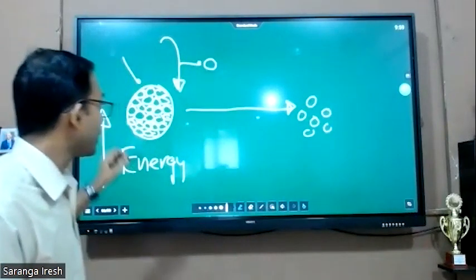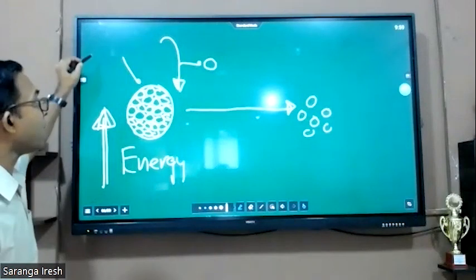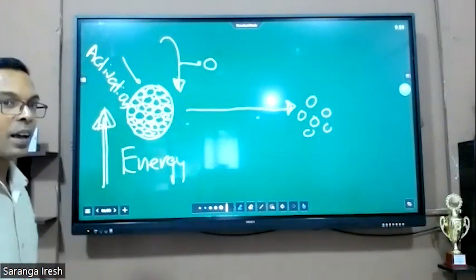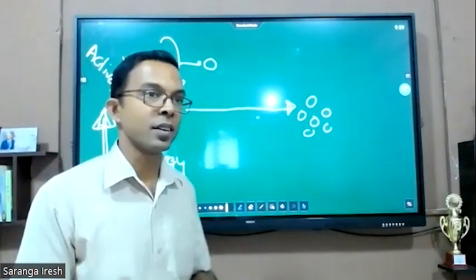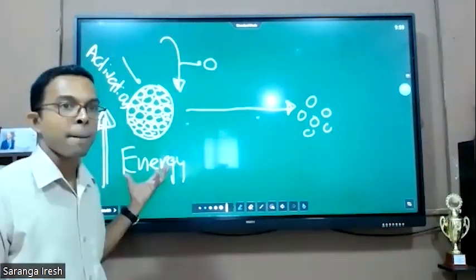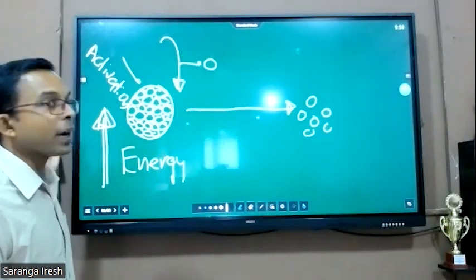Right? So this initial required energy to break down the bonds is named the activation energy. For most molecules, the activation energy is very high. But if we can provide that activation energy, this larger molecule is broken down into smaller molecules.